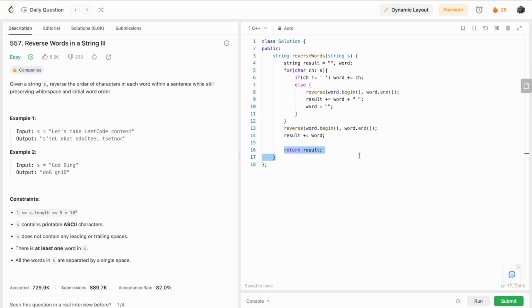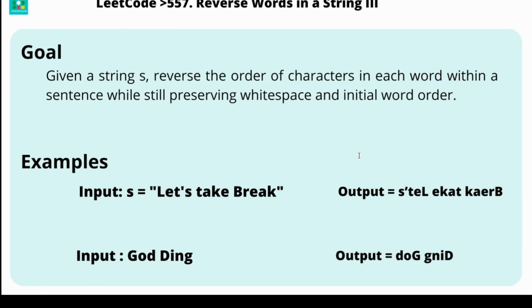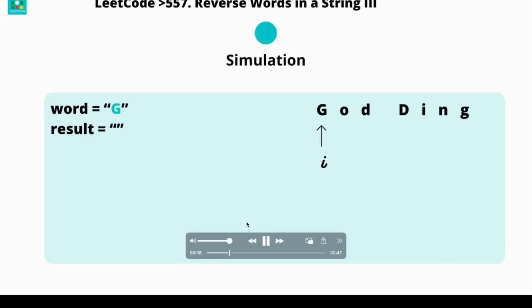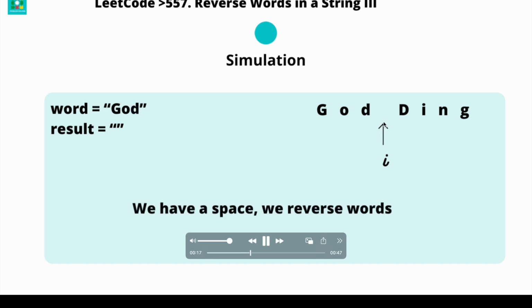Let me give you a simulation so you understand better how the process is working. We take as example "god gaming". You start with the first one, which is G. You take O, you take D. Now you have a space.